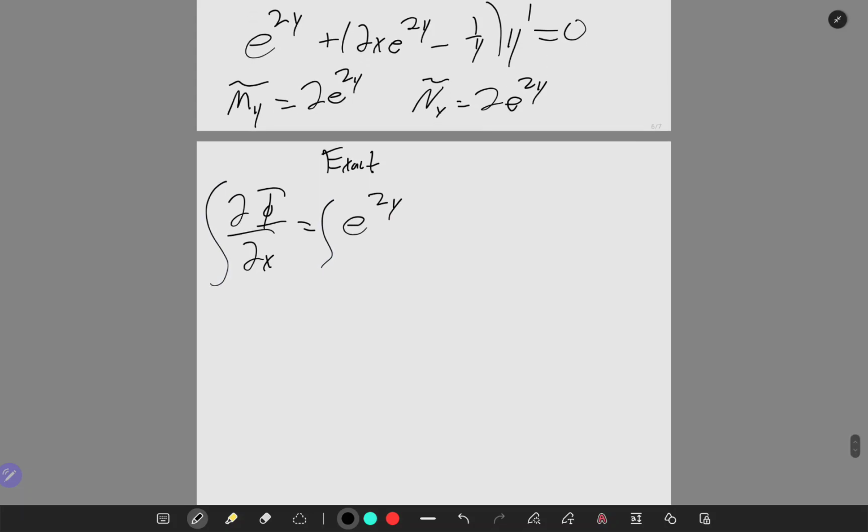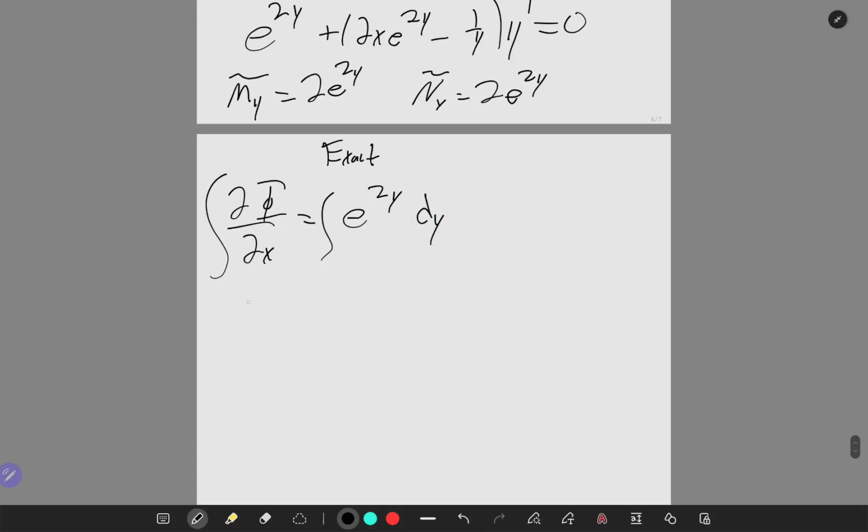It's one less step. That'll be... it's 1 over 2, right? It would be if it was with respect to y, but we're with respect to x here. So x e to the 2y plus h of y.